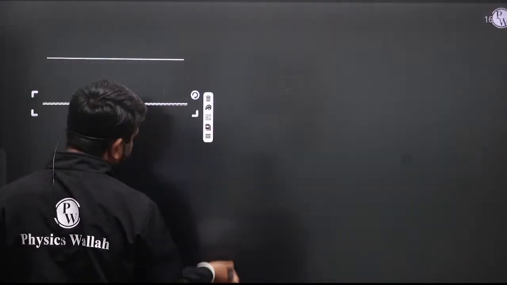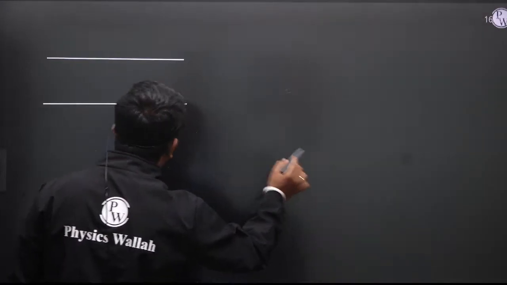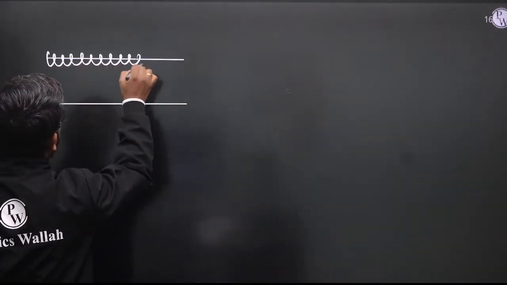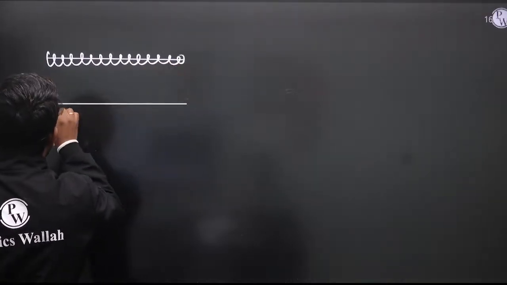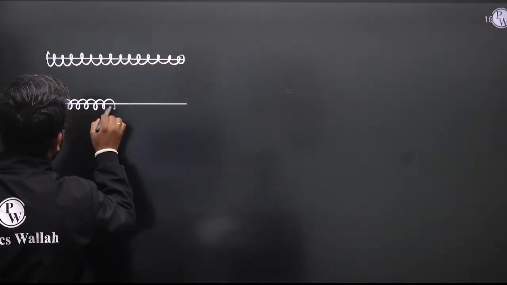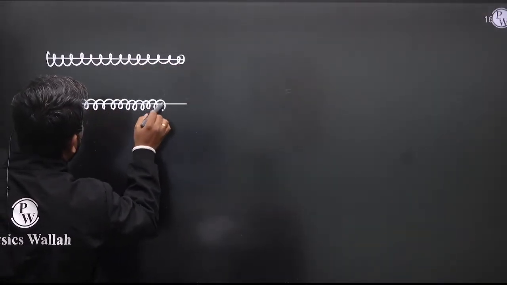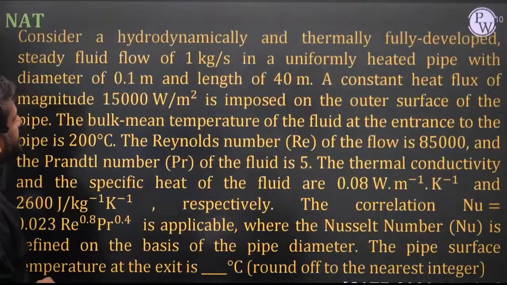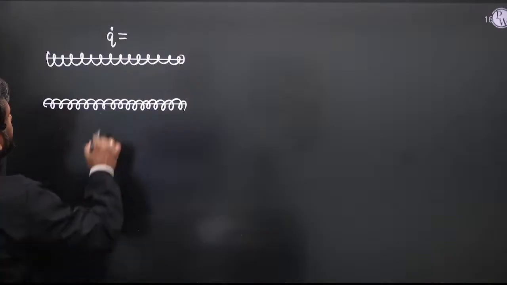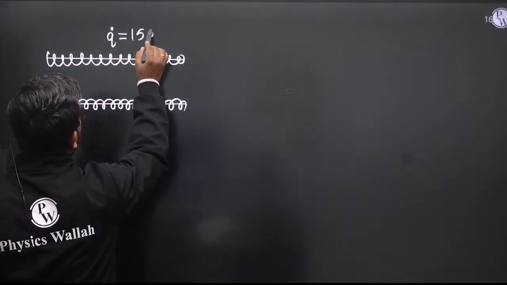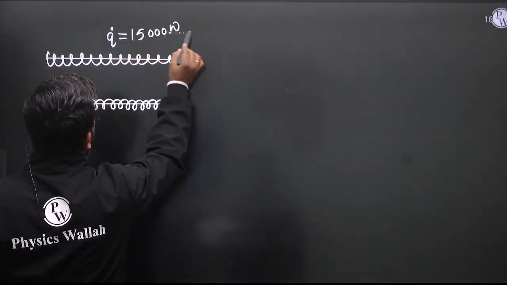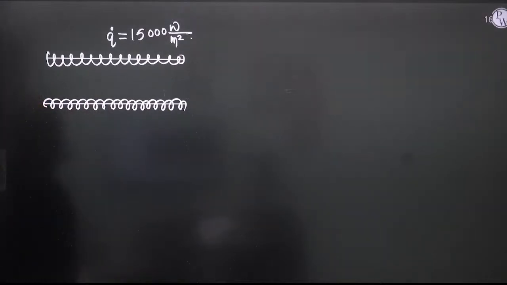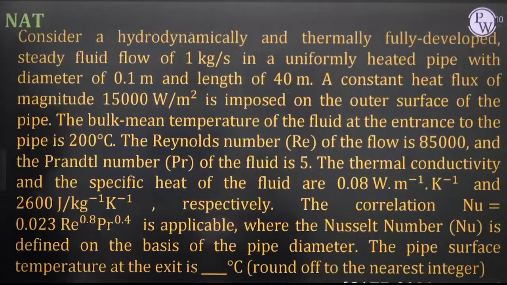So there is a pipe, and this pipe is subjected to the constant heat flux condition. The flux value is 15,000 watt per meter square.